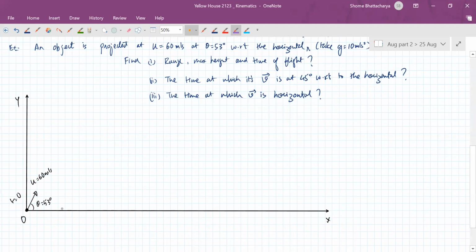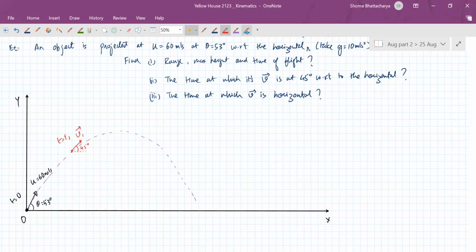So it will go in this kind of path, and hit the ground again. While it is going in this path, it will reach some position here, let's say, where at some time t1 the velocity is v1 such that this angle is 45 degrees.